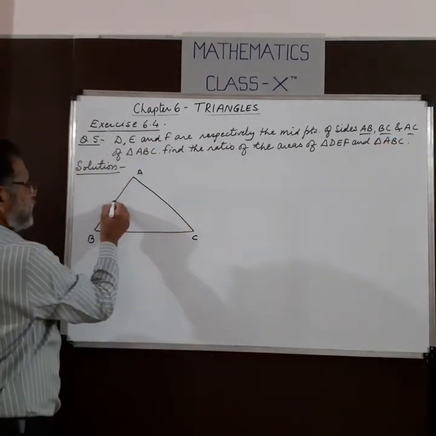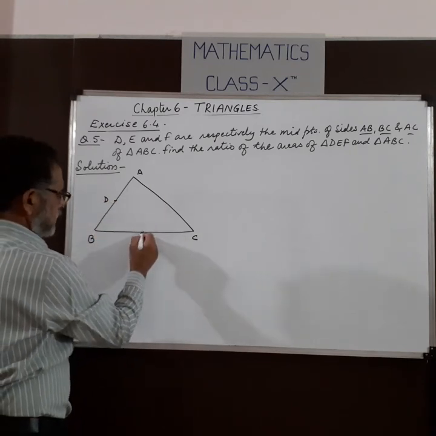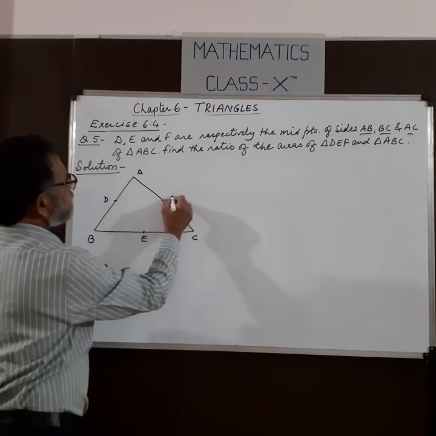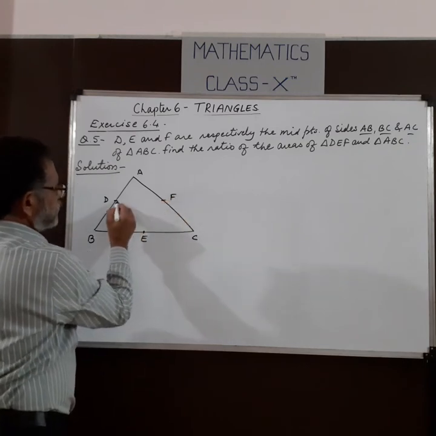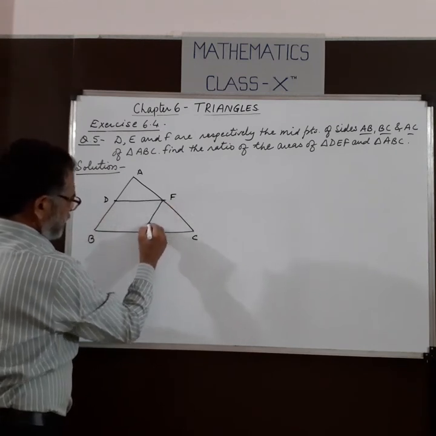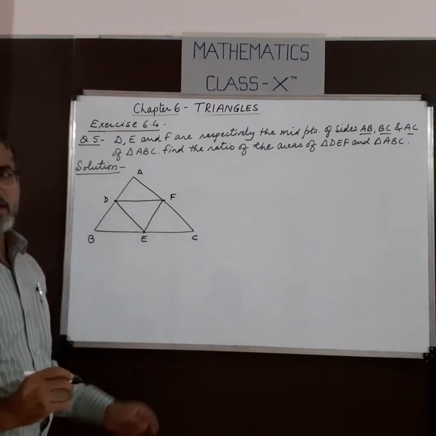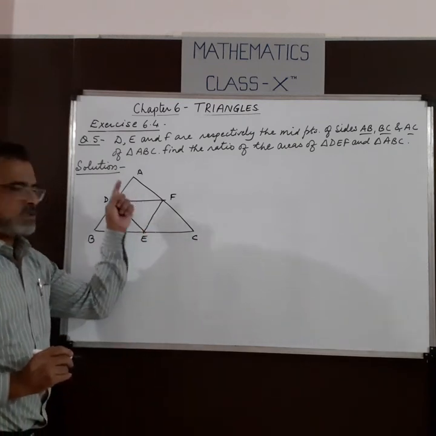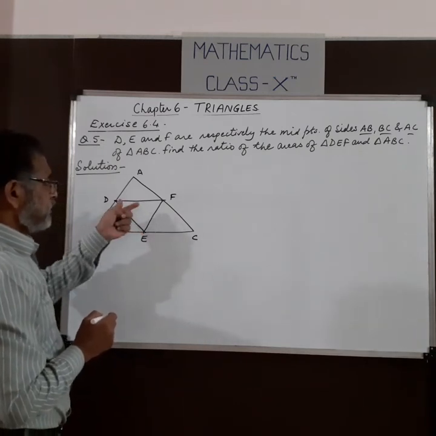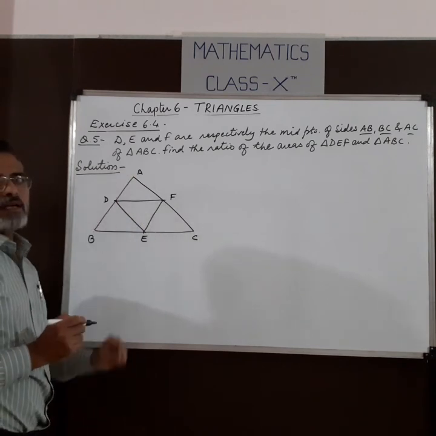Means the midpoint of AB is point D, midpoint of BC is E, and midpoint of AC is F. So by joining these midpoints we have triangle DEF. We have to find the ratio of the area of triangle DEF to the area of triangle ABC.